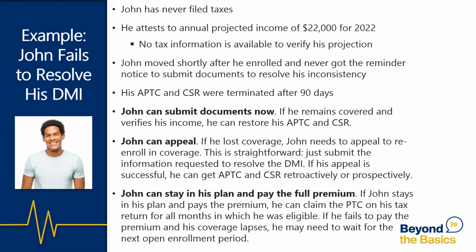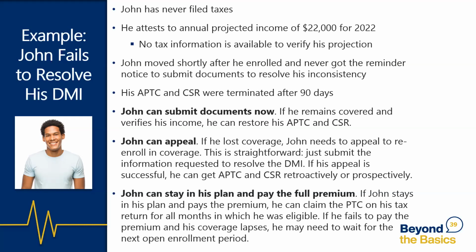John can also appeal. If he lost his coverage, he will need to appeal to re-enroll in coverage. So unlike the immigration citizenship DMI, there is no special enrollment period if John loses coverage because of his loss of APTC. Instead, he would need to go through the appeals route.